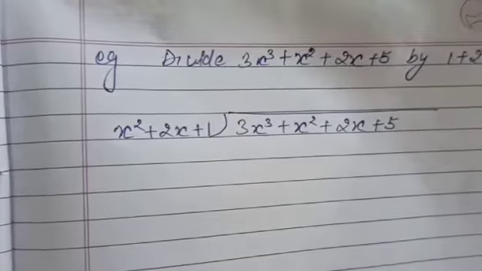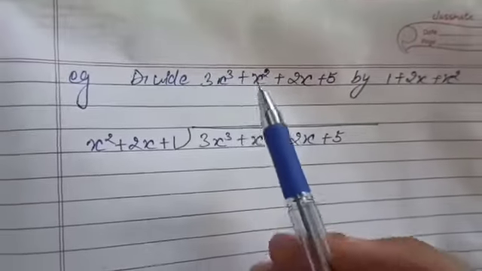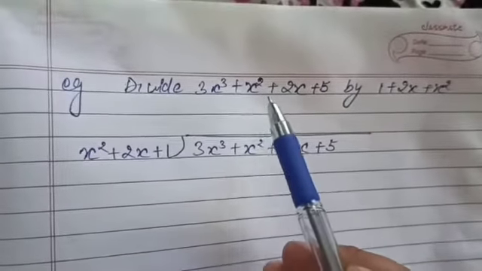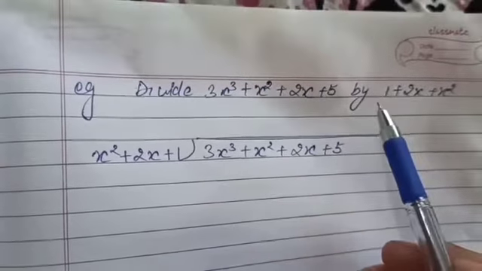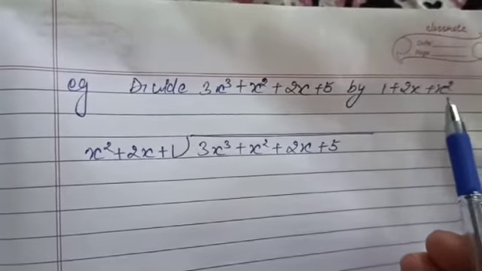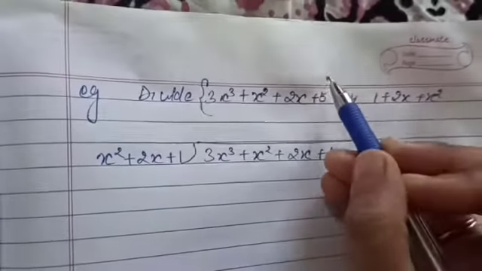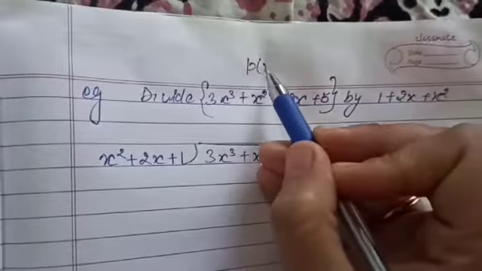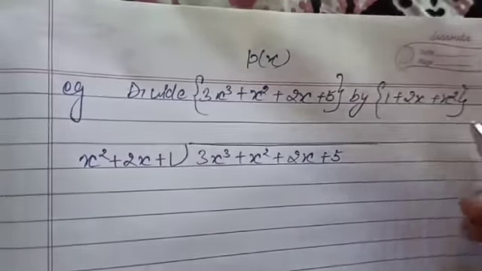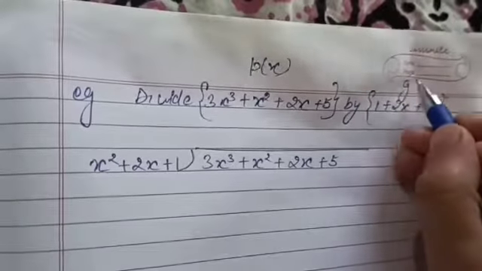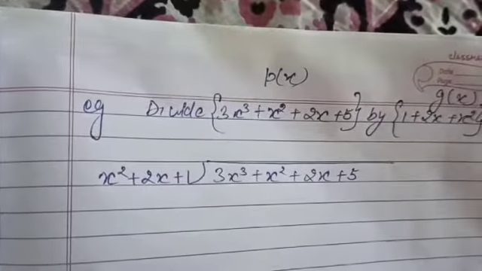So let us understand this with the help of one example. For example, we have to divide 3x cube plus x square plus 2x plus 5 by 1 plus 2x plus x square. So this is our polynomial p(x) and this is our polynomial g(x). We have to divide p(x) by g(x).